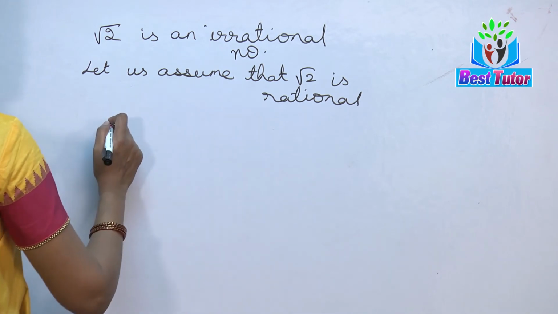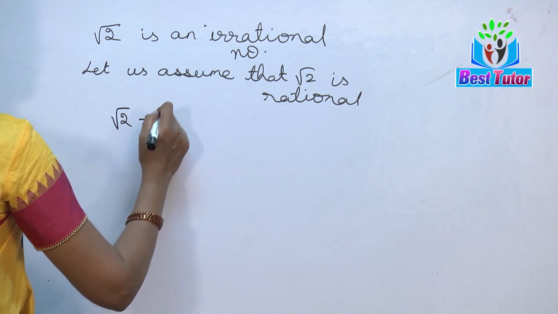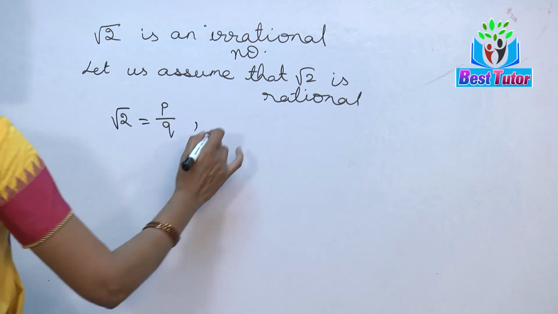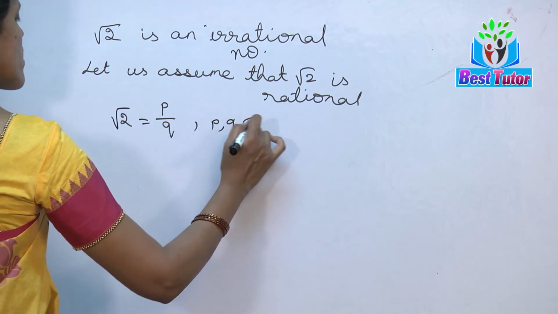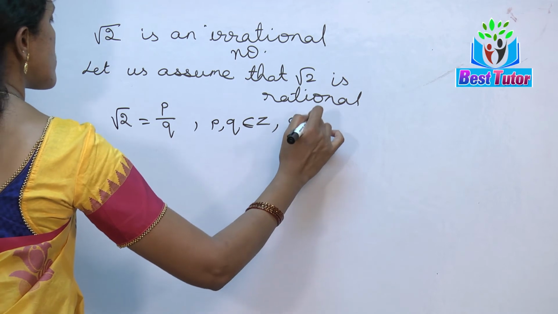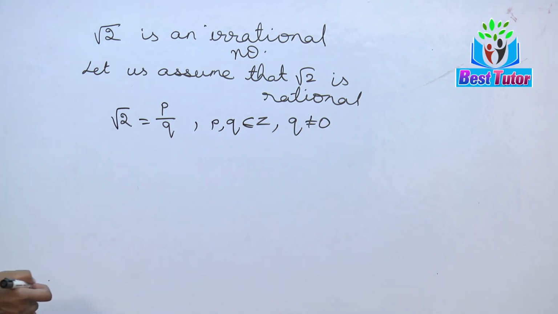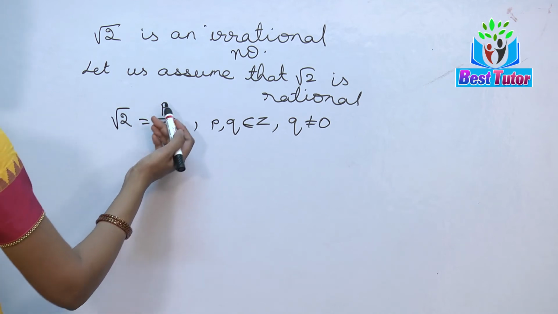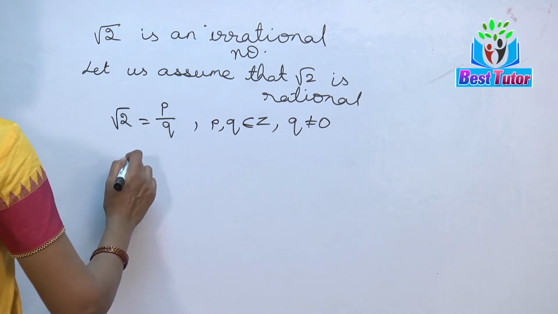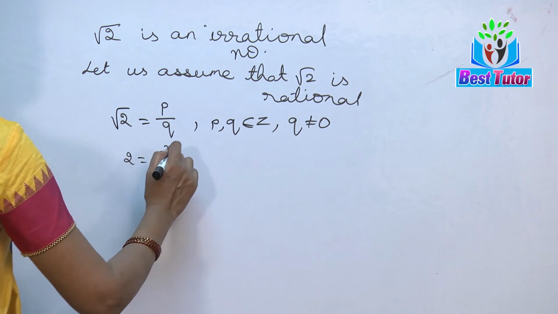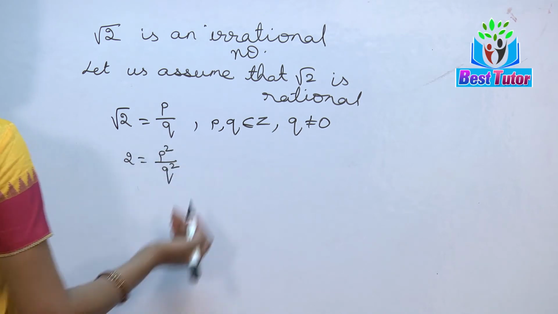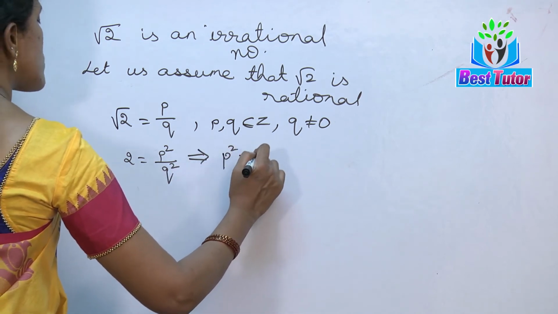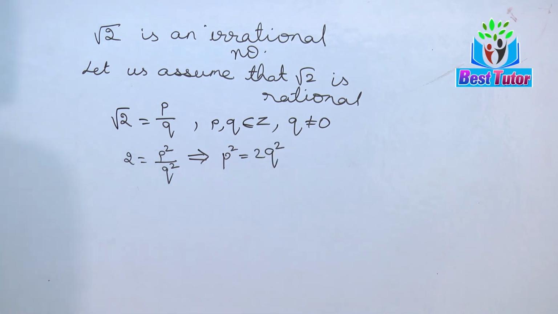If root 2 is rational, root 2 should be represented in the form of p by q, where p and q do not share any common factor, p, q belong to Z and q is not equal to 0. This is the definition of a rational number. So, root 2 should be in the form of p by q. If I square it on both sides, I get 2 is equal to p square by q square. This implies p square is equal to 2q square.